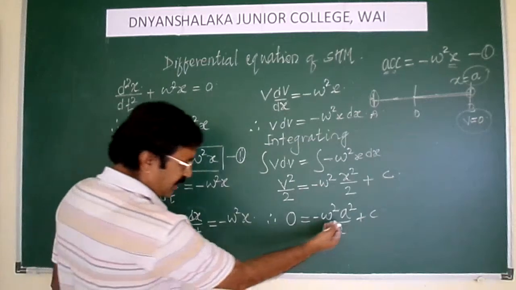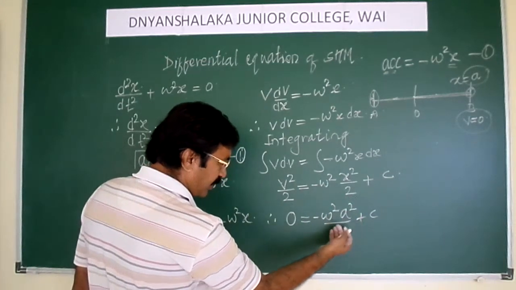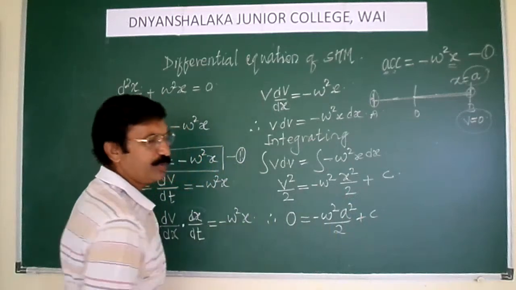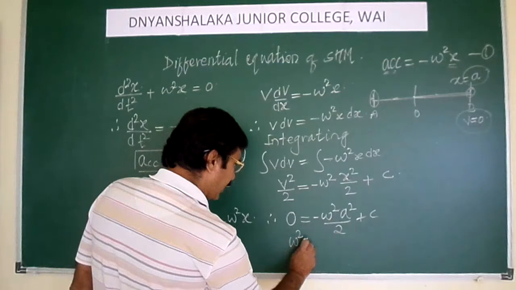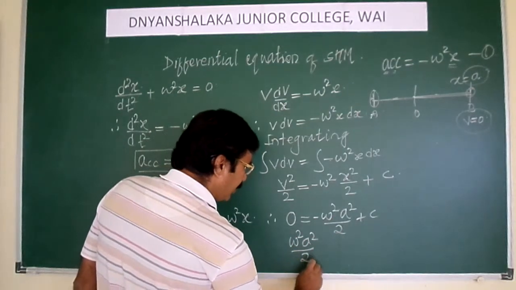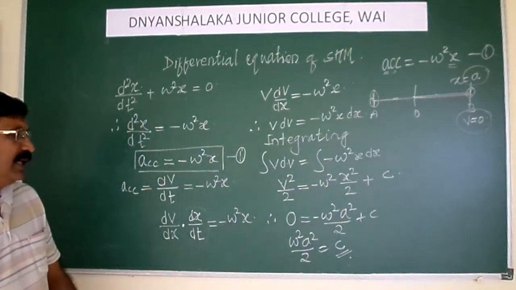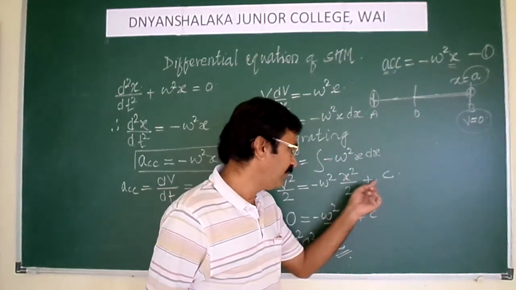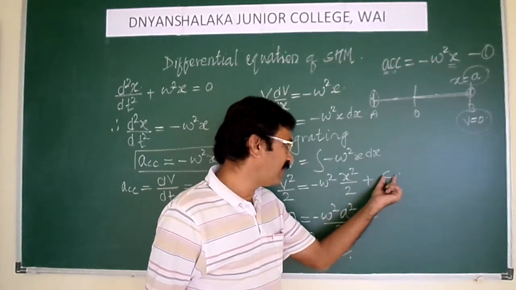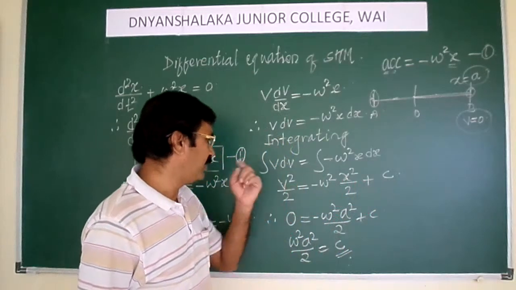Let us take the value minus omega square A square upon 2 to the left hand side, where it becomes a positive term. So the value of omega square A square upon 2 will be equal to c, the constant of integration. As we have integrated, we are able to get the value of c knowing the values of x and v.